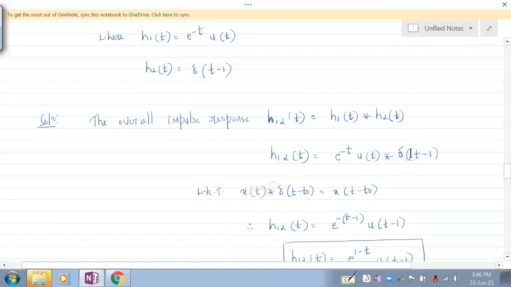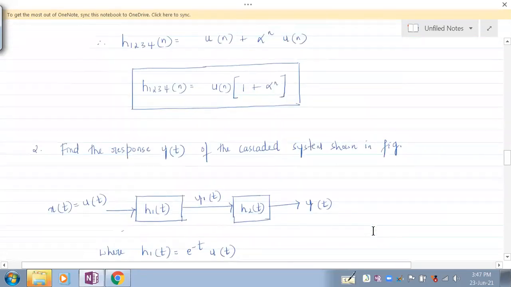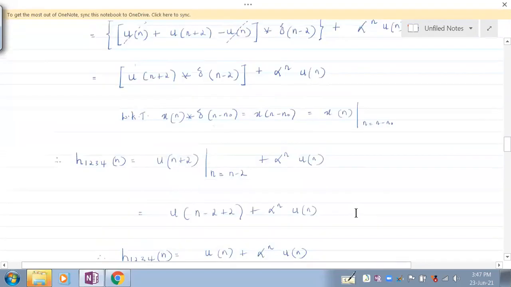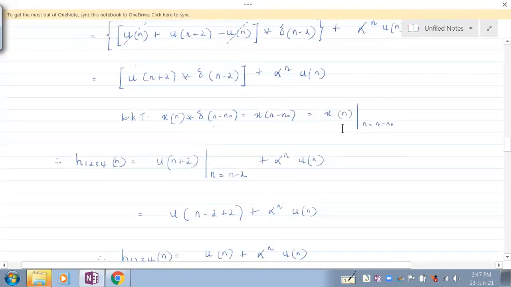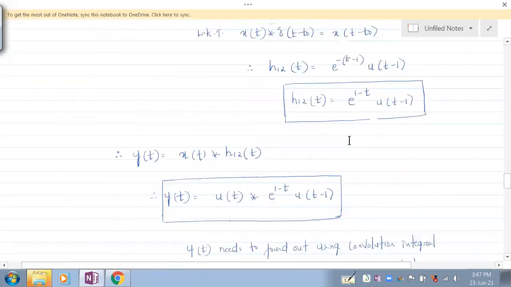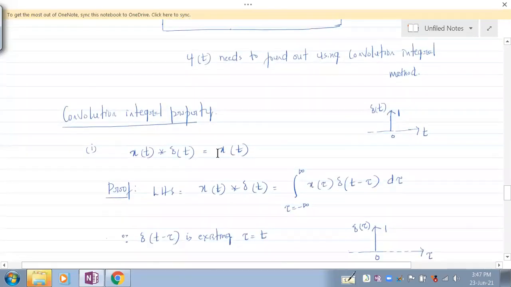It looks like this, and this t would be t minus 1. So that property is used. And in the previous problem also, though it is discrete time, we used that property. Same property; in discrete time also it holds good. Get this point? That's why I took the proofs of the properties where the delta of t is involved.